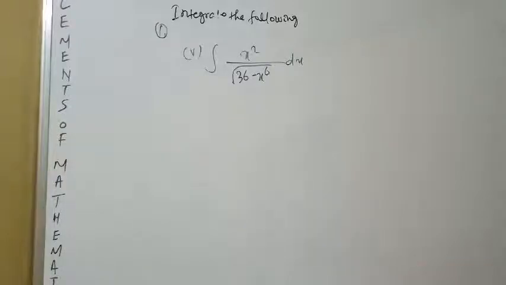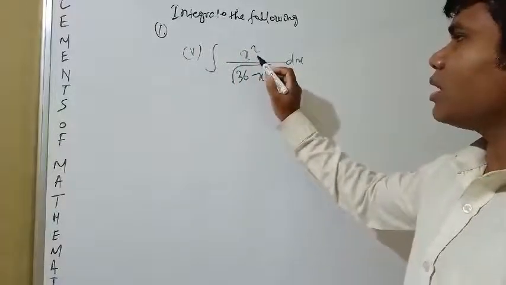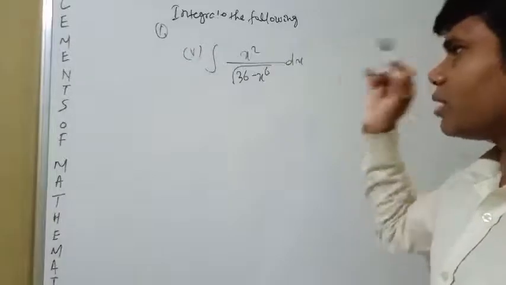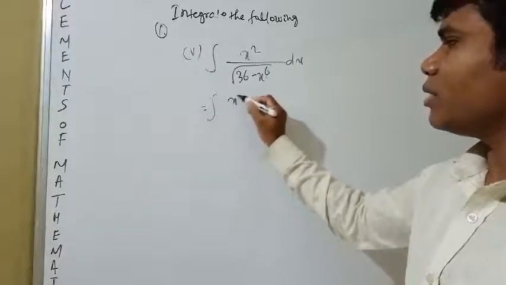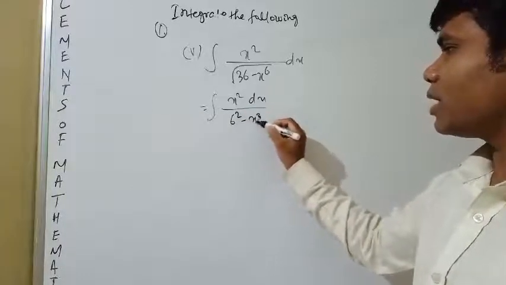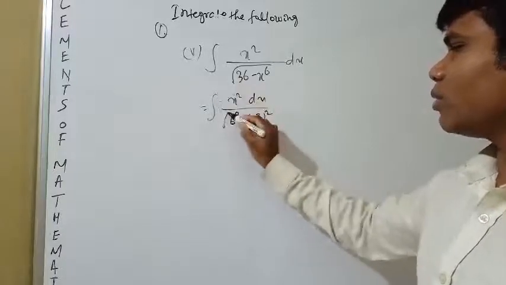Now the next question, question 5: integration of x square dx by root over 36 minus x to the power 6. This is equal to x square dx by root over 6 square minus (x cube) whole square.